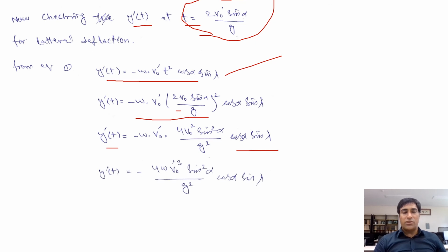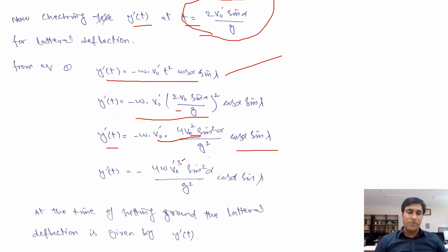So y dash t equals minus 4 omega v naught dash cube sine square alpha over g square cos alpha sine lambda. We multiplied v naught dash with v naught dash square and it becomes v naught dash cube. At the time of hitting the ground, the lateral deflection is given by y dash t.